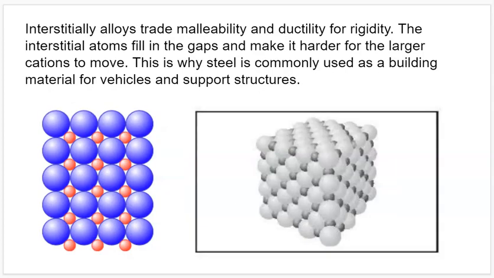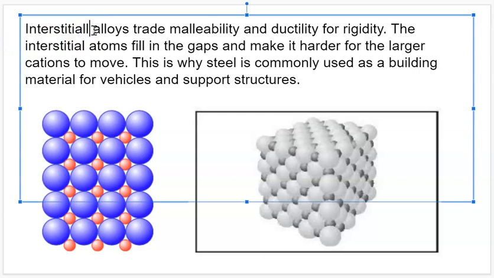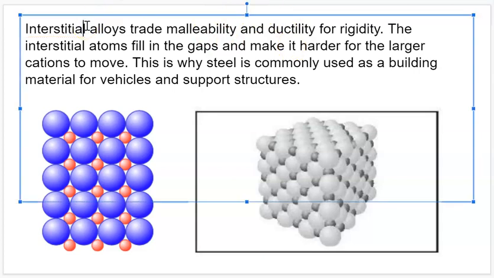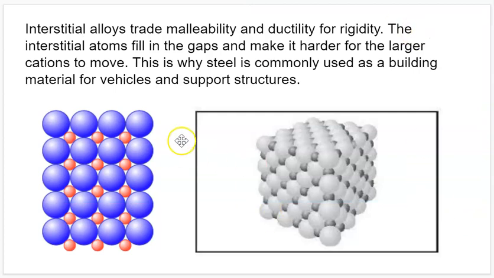We talked about alloys and how there could be interstitial alloys and substitutional alloys. Interstitial alloys, in particular, trade out that malleability and ductility that pure metals have, or some substitutional alloys have, because once you throw these little atoms into the empty spaces in between the larger structure, it makes it a lot harder for the atoms to move around.